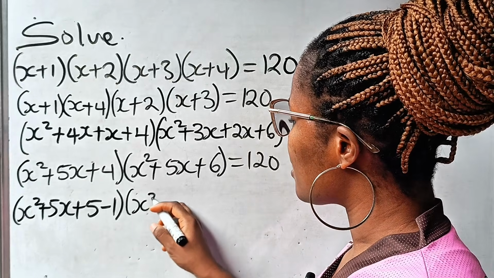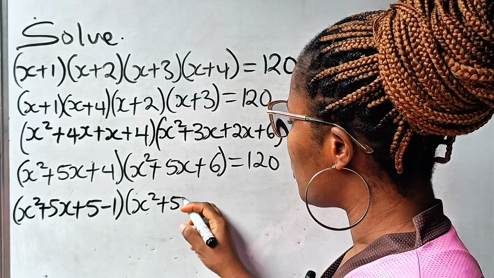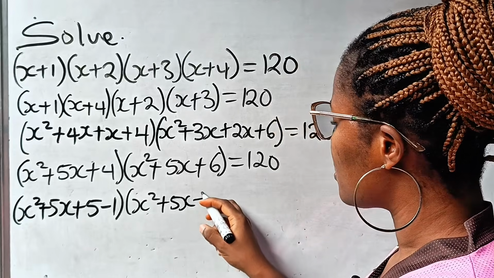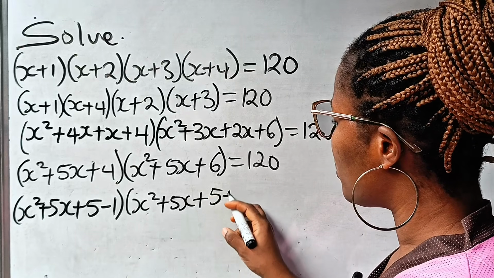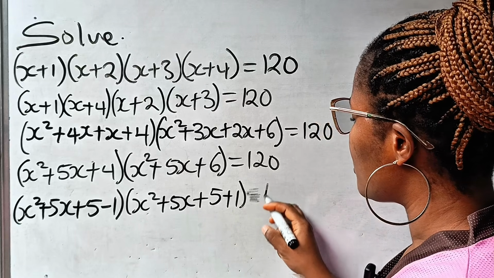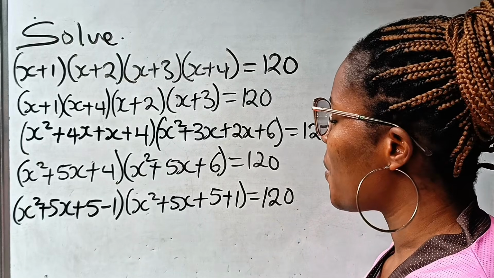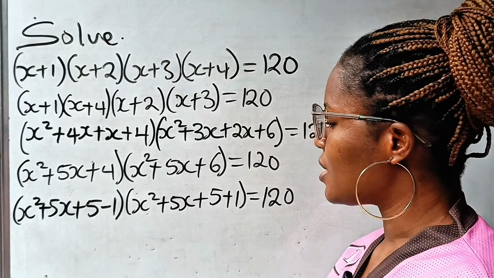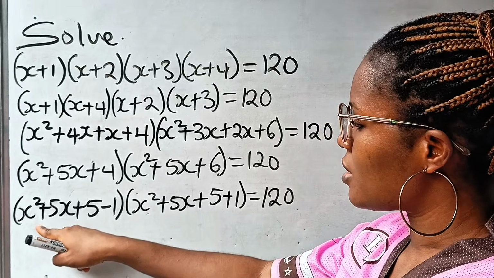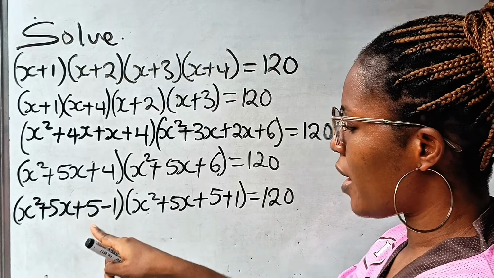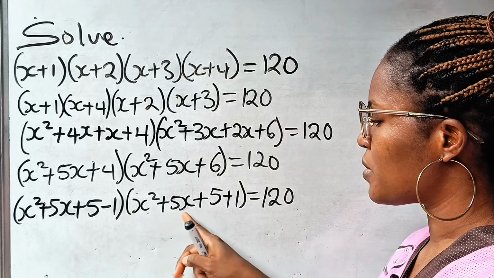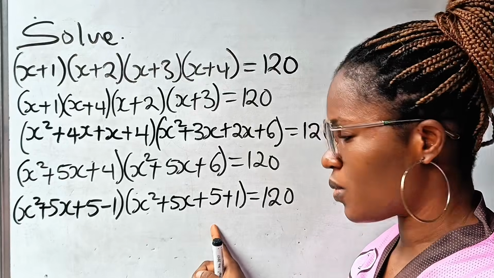I can write this as x squared plus 5x plus 5 plus 1, and this is equal to 120. Now we have the same thing here: x squared plus 5x plus 5, x squared plus 5x plus 5 as well.